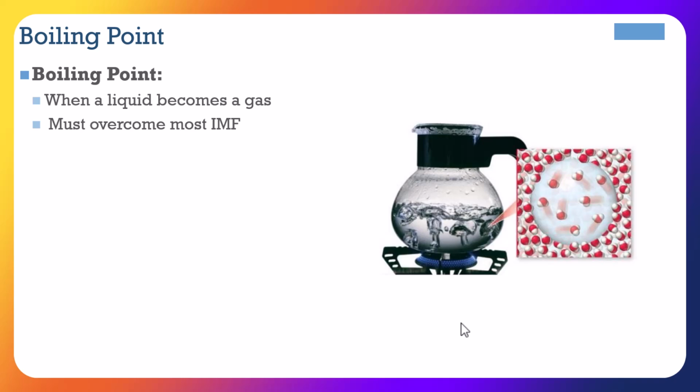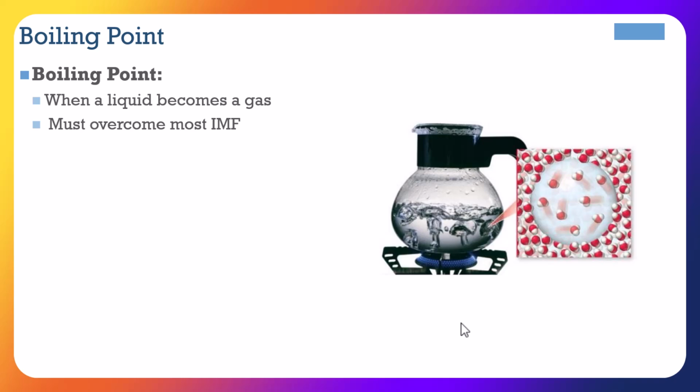So in order to go from a liquid to a gas, we have to overcome those interactions that are holding those liquid particles together. Well, come to find out, what's holding those liquid particles in that definite volume is intermolecular forces.